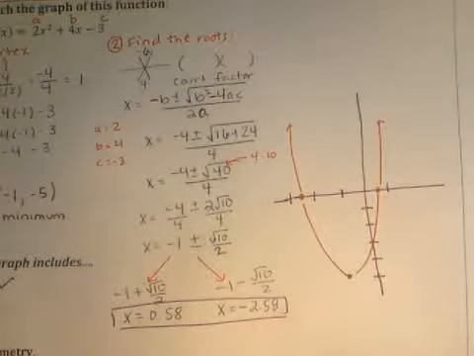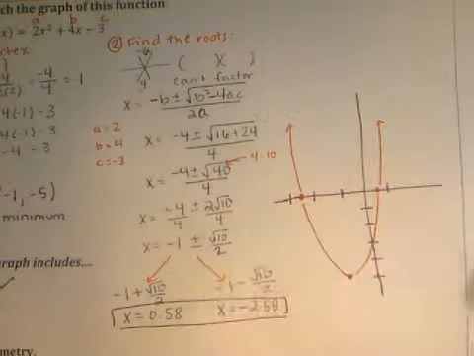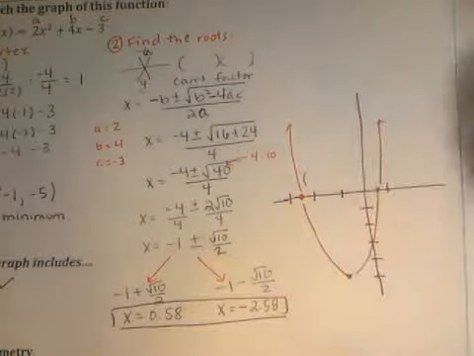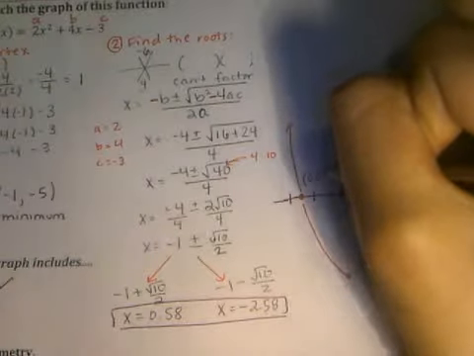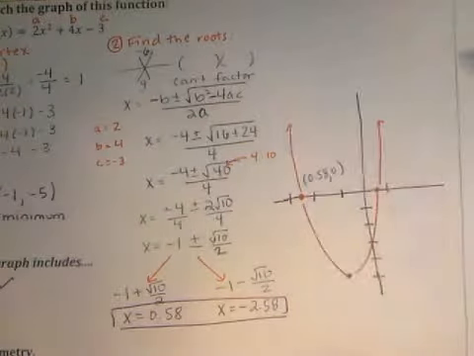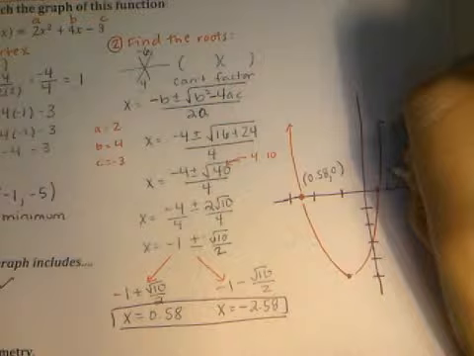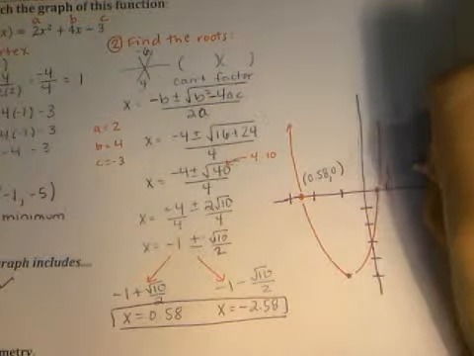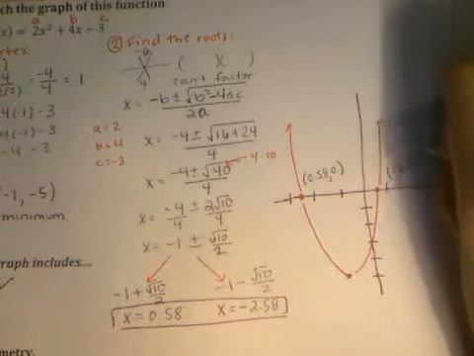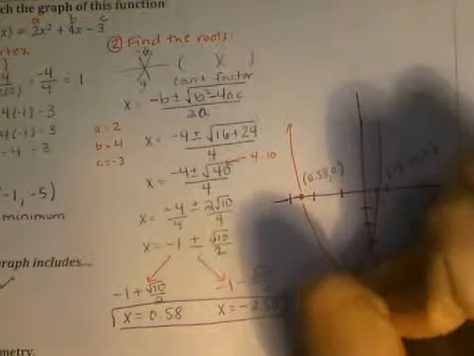For your final answer, please label the points so that I know exactly what they are, since they're not perfect points. And you can label them just the way you would write a 0, which is as a point with x first, and then y. The vertex we can also label.